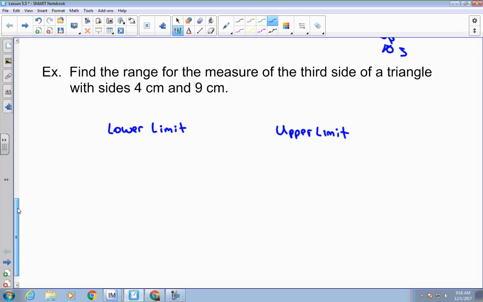And then the value of the third side is going to fall somewhere in between. So to get the lower limit, I'm going to subtract the 2. In this case, it gives me 5. And to get the upper limit, I'm going to add the 2, which in this case gives me 13. And then the value of the third side falls somewhere in between. How would you read that inequality?